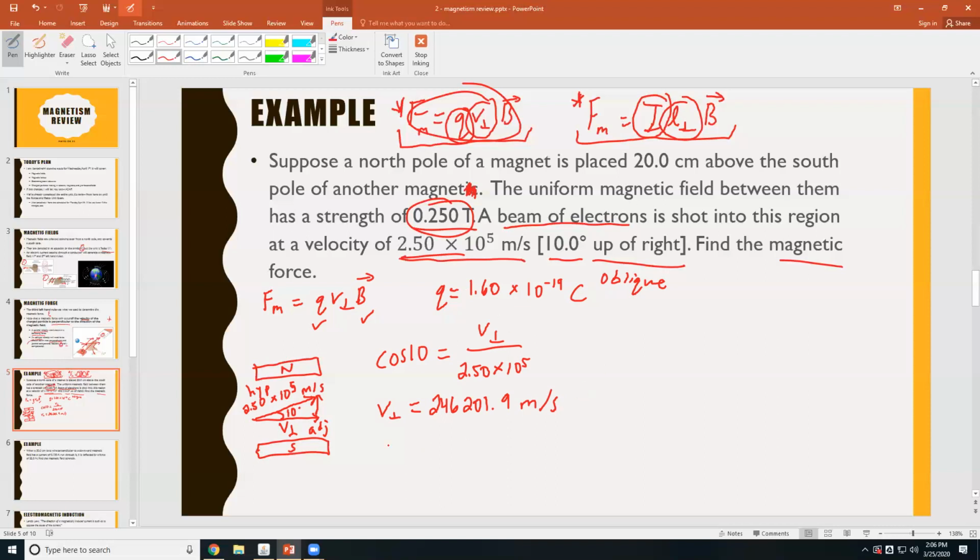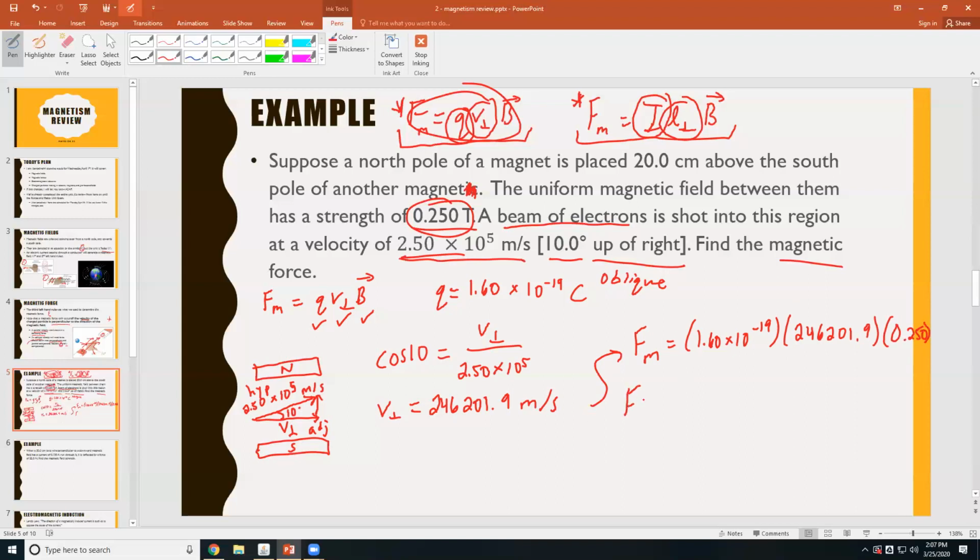Anyway, from here, we now have V perpendicular. We had Q, we had B, so we have all three of those things in that formula. So I can take this and say Fm equals Q, which we know is 1.60 times 10 to the negative 19, times V perpendicular, which we just found to be 246,201.9, and then times B, which was actually given to us in the question as being 0.250.